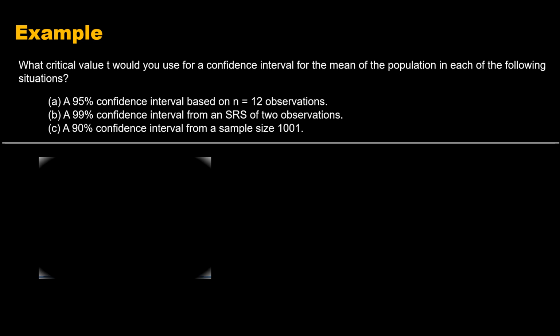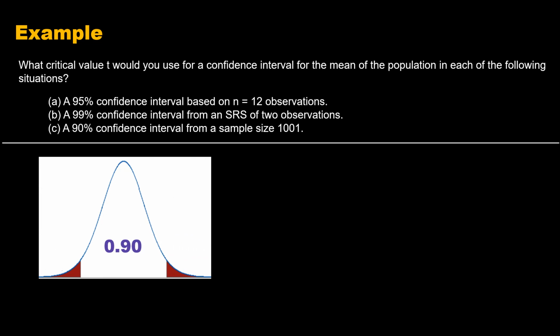Therefore, T star for this problem is 63.66. The last one, a 90% confidence interval from a sample size of 1001. So again, the middle area is 0.9. Therefore, go to the table and you can try by yourself.